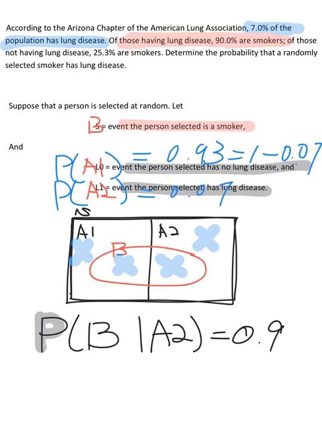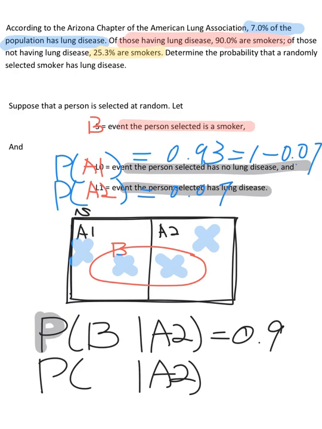How about the other one? I mean, this one. 25.3%. Who is this? Same patients is given. Not B, non-smoker. Just a second. Something wrong? Oh, I'm sorry.